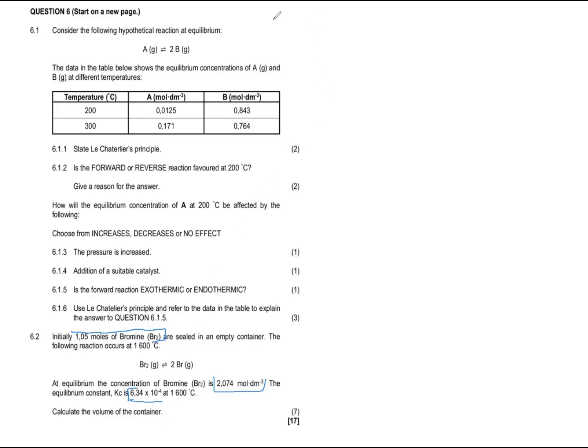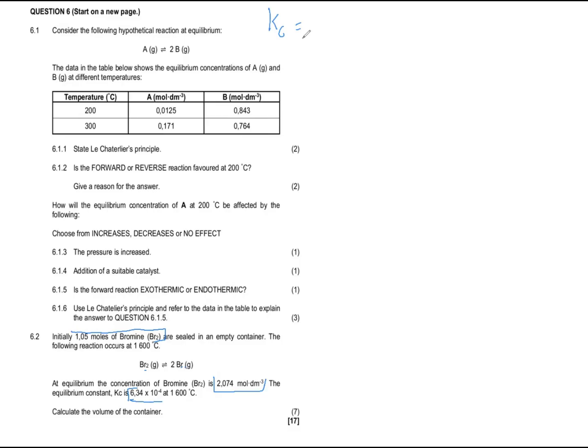So let's just use the Kc first. As we can see, they're both gases, so that means they make it to the Kc expression. Remember, what doesn't make it to the Kc expression is solids and liquids, because they always have a constant concentration, right? So we take their concentration as 1. So it's only aqueous and gaseous substances that make it to the Kc expression.